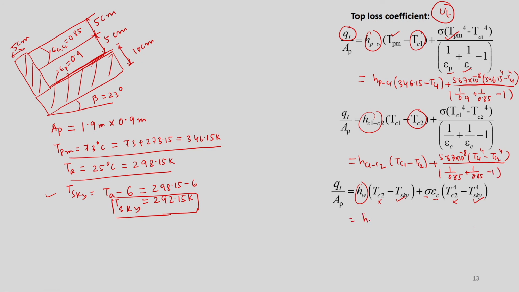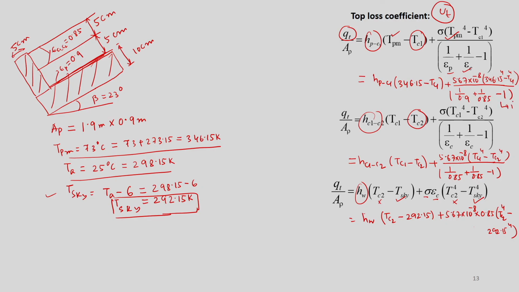And HW, then we will have TC2 is unknown, then T sky is known to us 292.15, plus sigma 5.67 into 10 to the power of minus 8 Stefan Boltzmann constant, then this value is 0.85, then TC2 to the power 4 minus T sky to the power 4, 292.15. Okay. So, we can simplify it further.